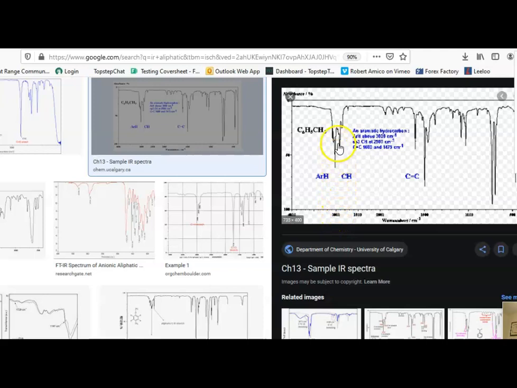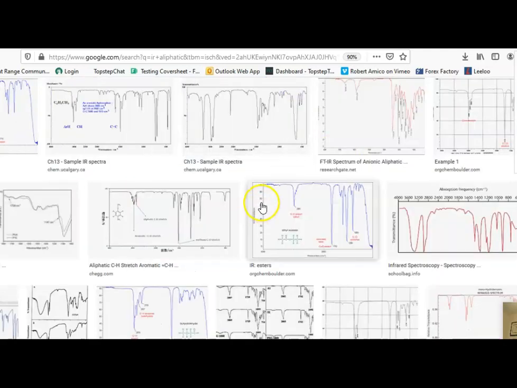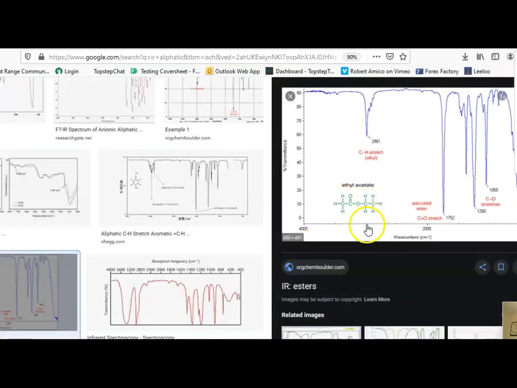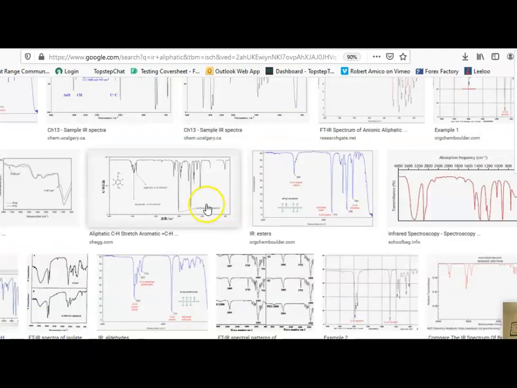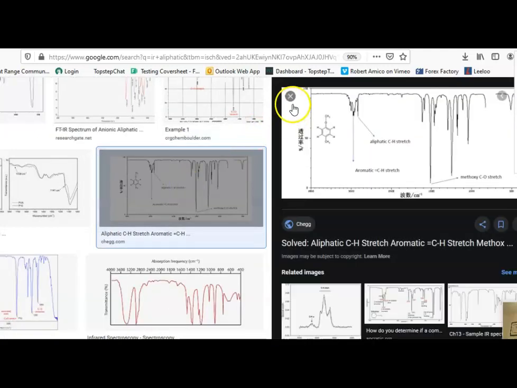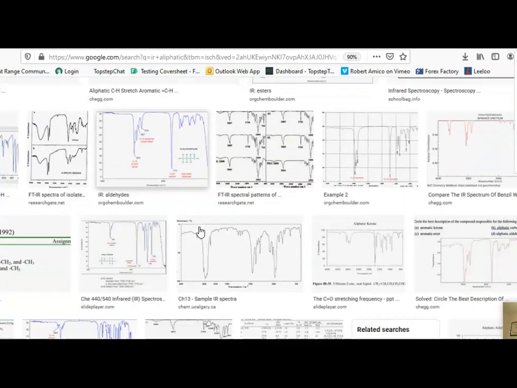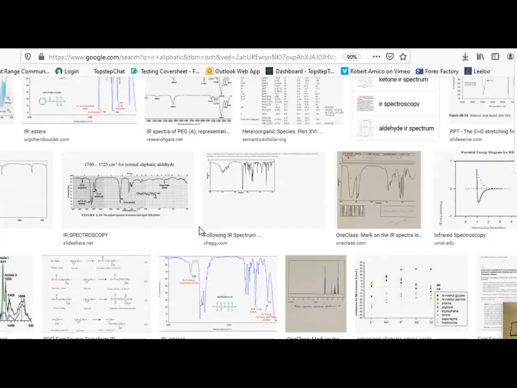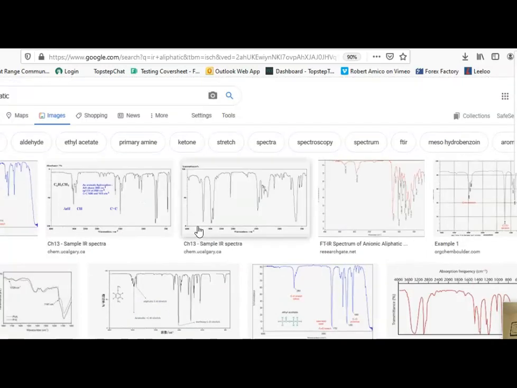If you draw that line directly up, you have peaks to the right, which are the aliphatics, and peaks to the left, which are the aromatics. So you see both, and literally, you can cut it right in the middle. Here's also aliphatic. This is an ester, but it doesn't matter what the group is. You draw that right up, and it goes right to it. Is this just aromatic? This is both. I want to see just an aromatic one. Let's just do IR aromatic.